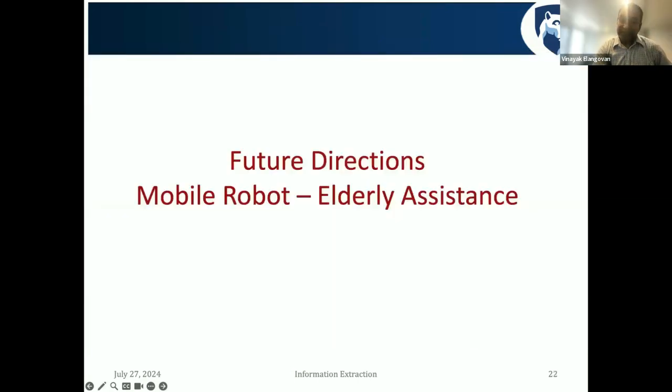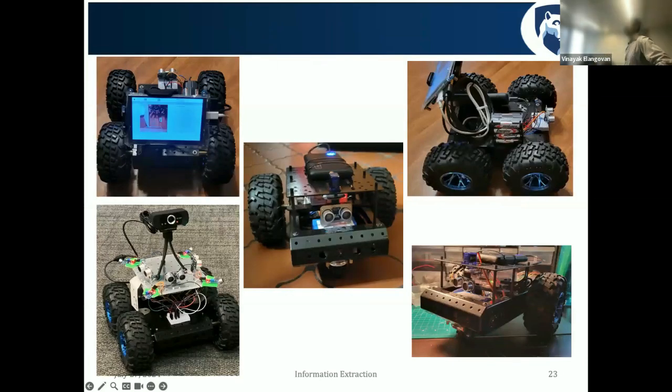Okay. The other area is we are also working on developing our own robot, so that the robot can help the elderly. All they need to do is show the product in front of the robot, and the robot can capture those images. We have a Raspberry Pi which can process that information and then spit out the relevant information.